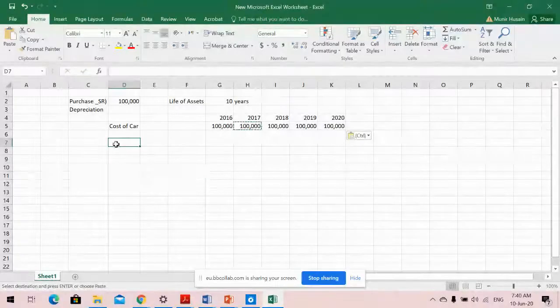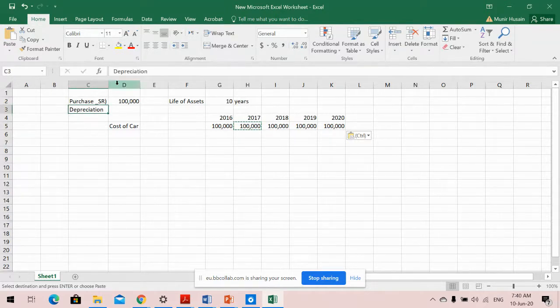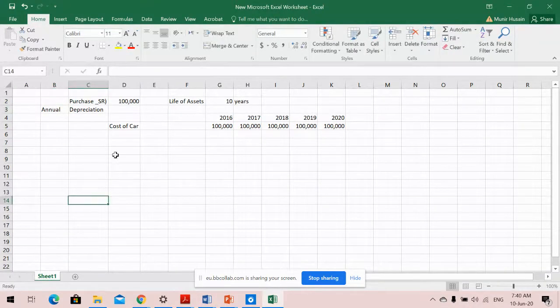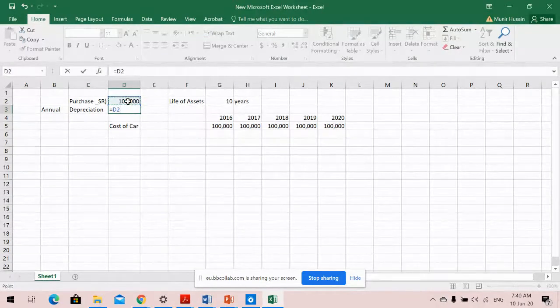What you need now here, first of all, you need to know what the depreciation is. How much will it depreciate every year, right? We call it annual depreciation. What is the annual depreciation? Every year, what is the depreciation? We know, very simple. We can divide this one by 10.